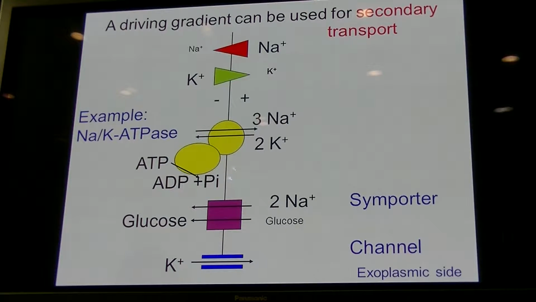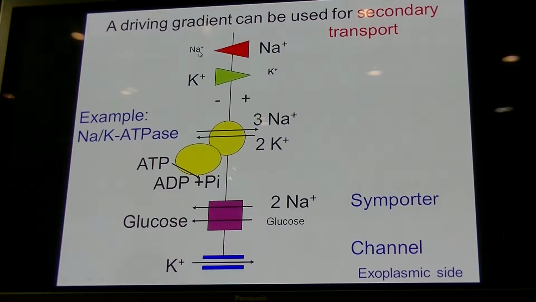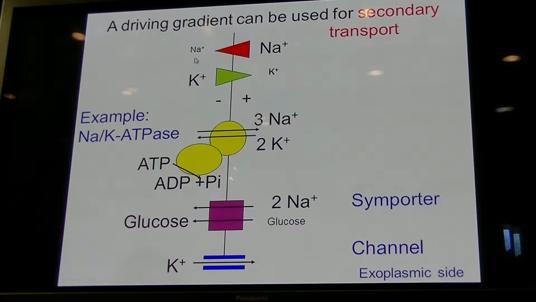It takes 3 sodium out, 2 potassium in, at the expense of 1 ATP. And that sets up 2 gradients, the potassium concentration gradients. There's a lot of potassium in the cell, and not so much out. And for sodium, low concentrations in the cell, and a lot out.